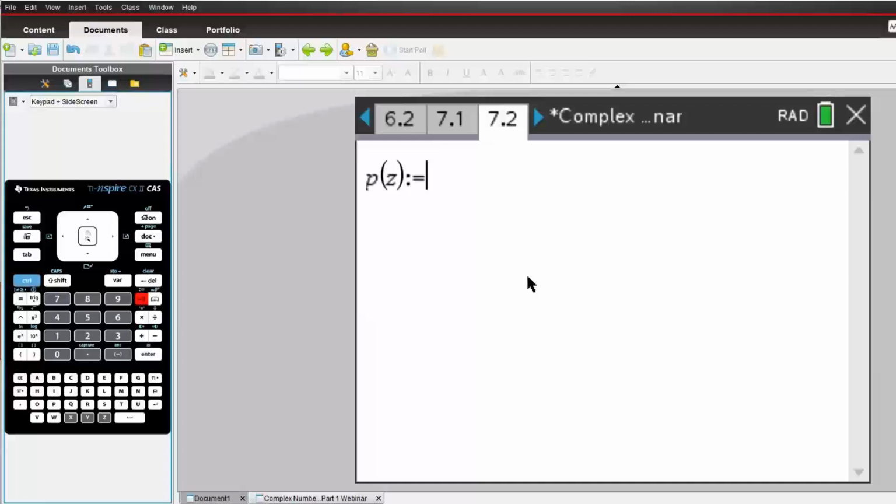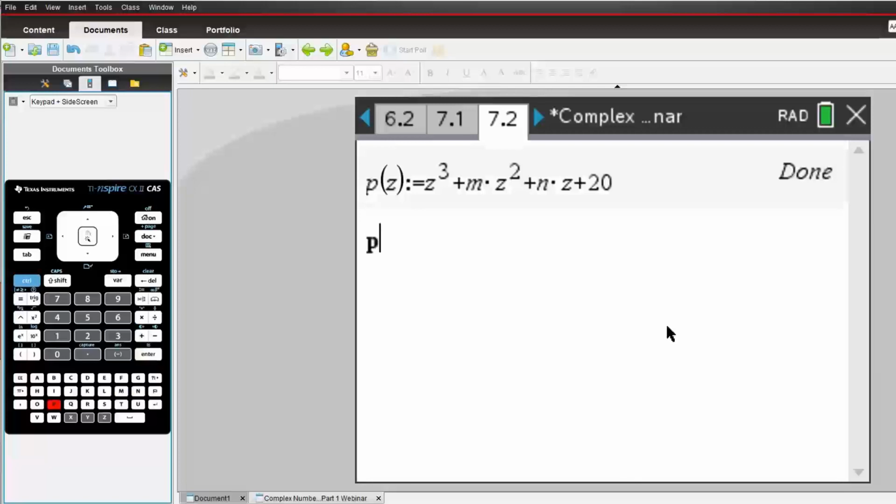So that's another way, either Menu, Actions, Define or p(z) equals, and we'll define this polynomial as z cubed plus m times z squared plus n times z, and here the times is very important because otherwise it would treat it as nz, and then we have plus 20. So this polynomial is defined.